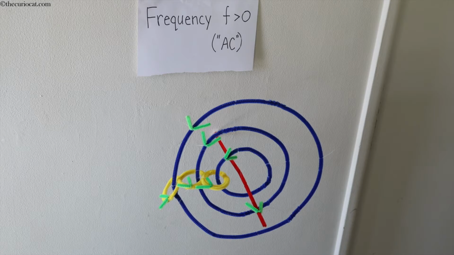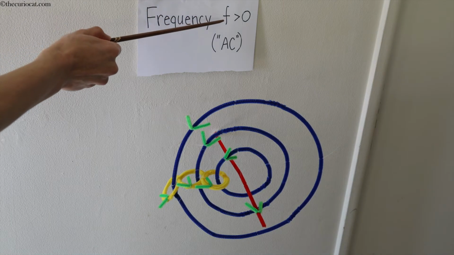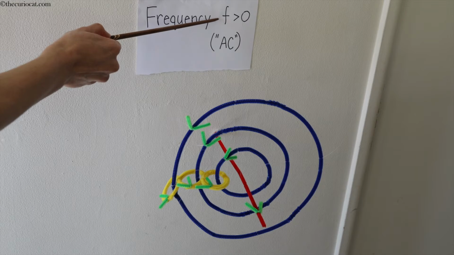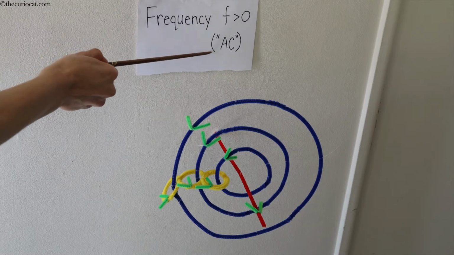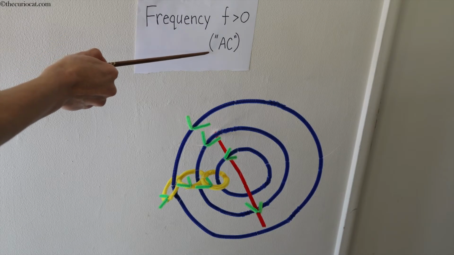This model also shows the electromagnetic fields inside of a wire conductor. This model assumes that the electric current in the wire has a frequency greater than 0 Hz. An electric current with a frequency greater than 0 Hz is also called an alternating current, or AC.